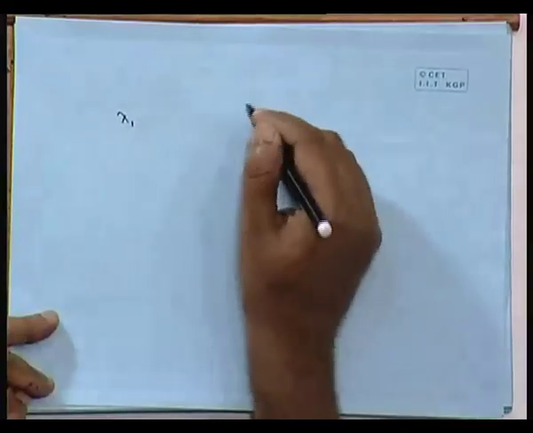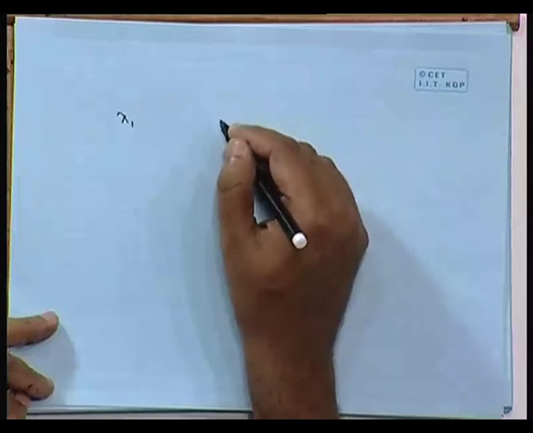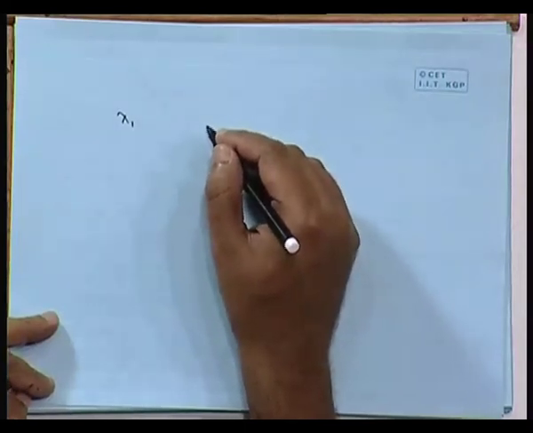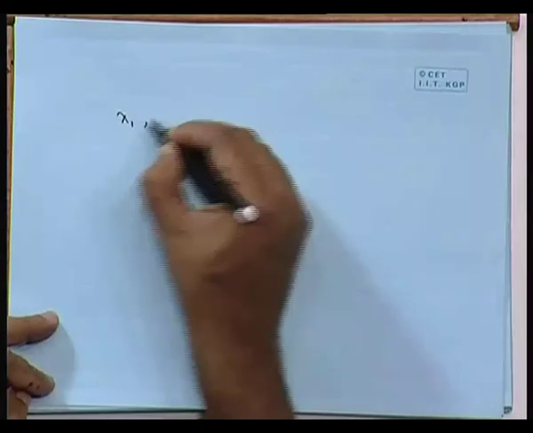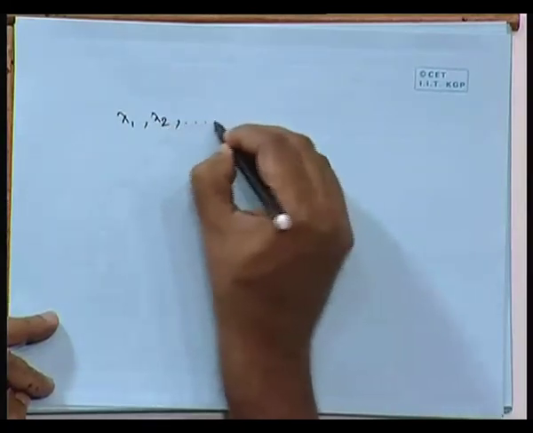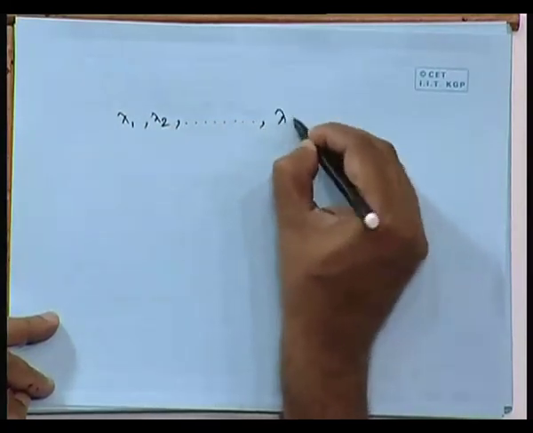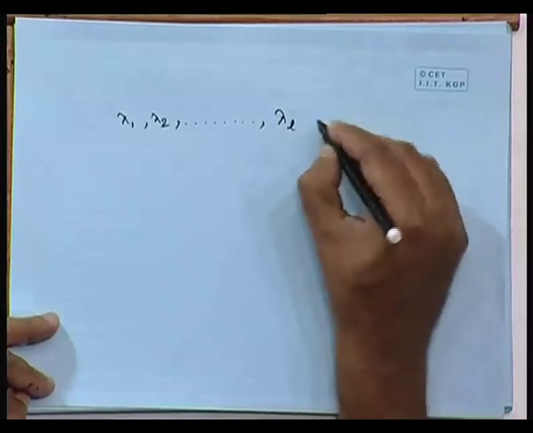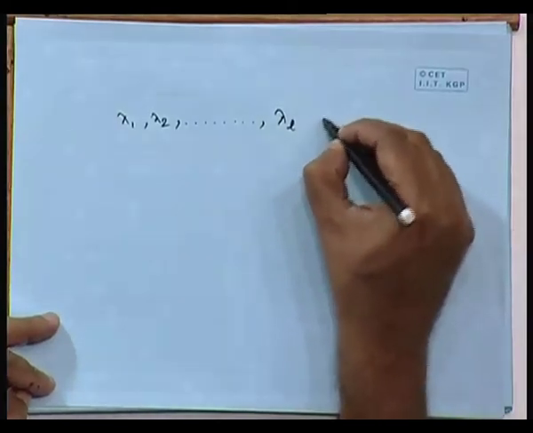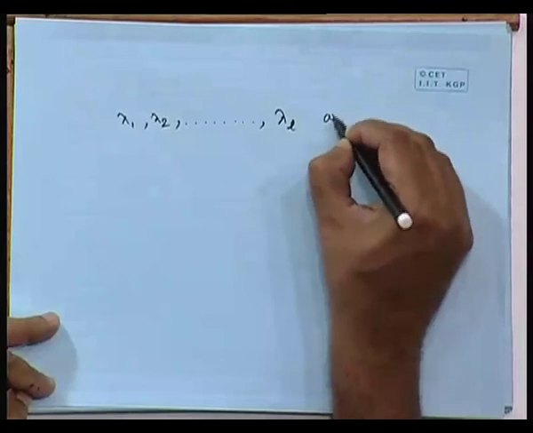Let us say we have the eigenvalues arranged in descending order: lambda 1, lambda 2 up to lambda L, which denote the largest L eigenvalues of the correlation matrix R.